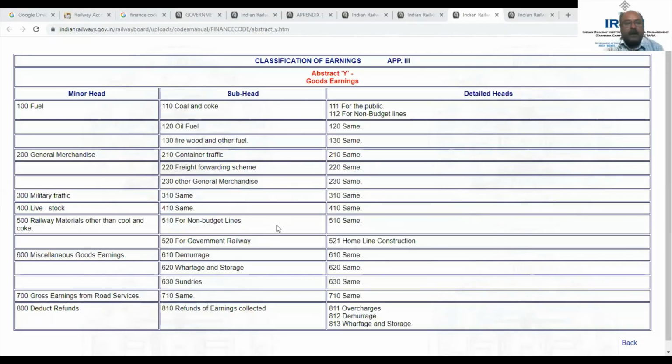Yeah. Abstract Y is the goods earnings. This goods earnings is bifurcated into various minor heads, that is the fuel, general merchandise, military traffic, livestock, railway materials other than coal and coke, miscellaneous goods earnings, that is wharfage, sundries.